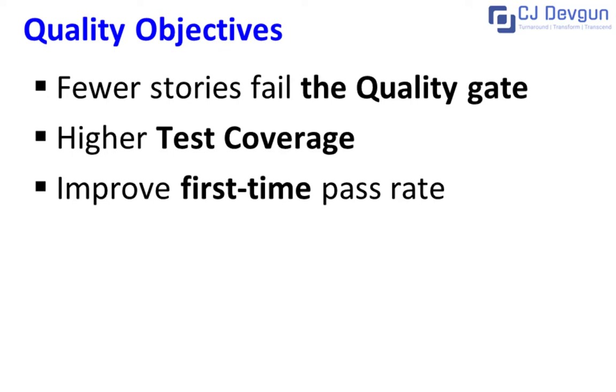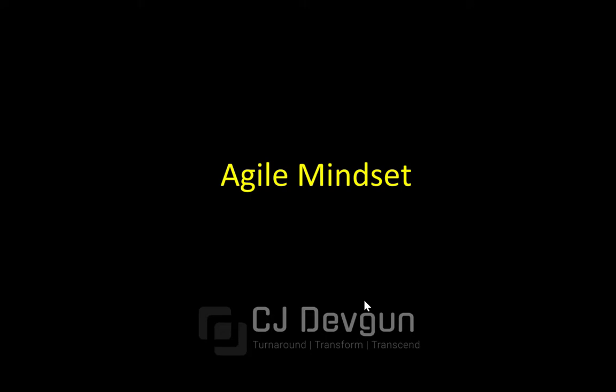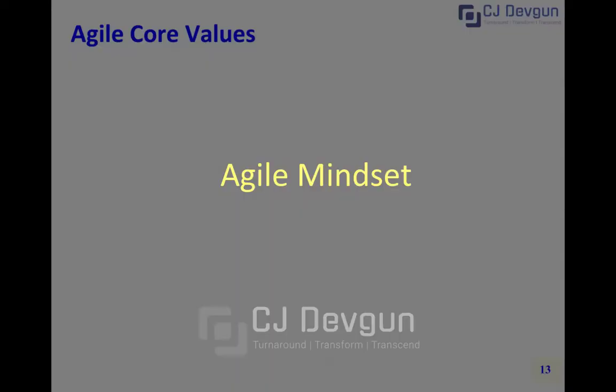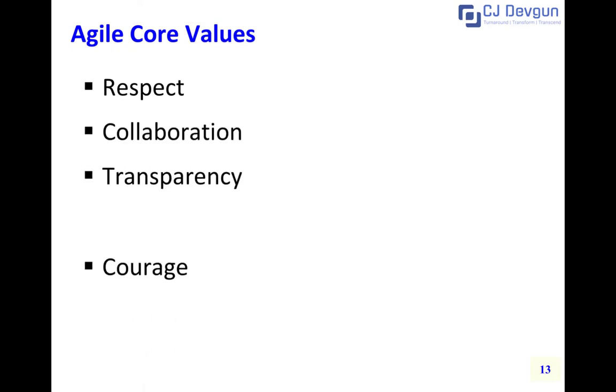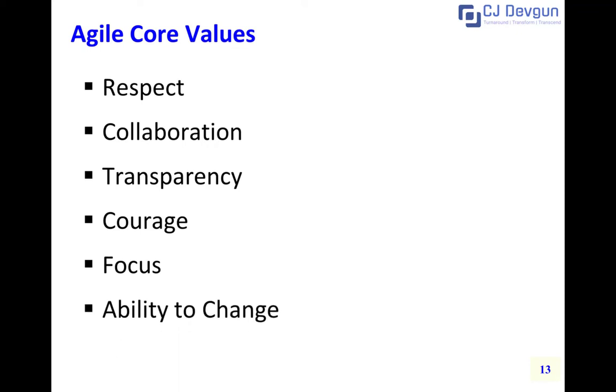On to our final topic of this series. What is Agile Mindset? Agile was built on certain core values and beliefs such as respect, collaboration, transparency, constant improvement, courage, teamwork, focus, and most important, ability to change. Why?